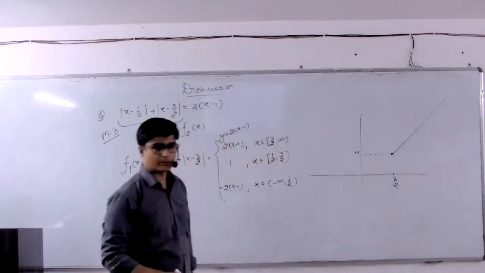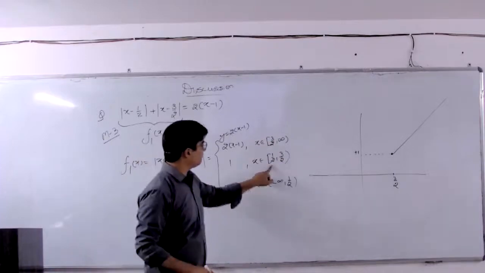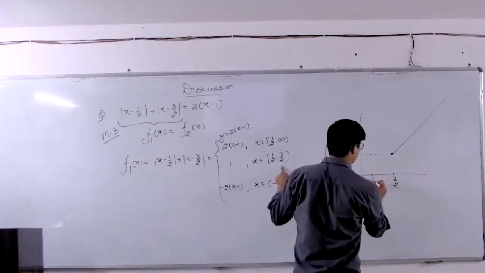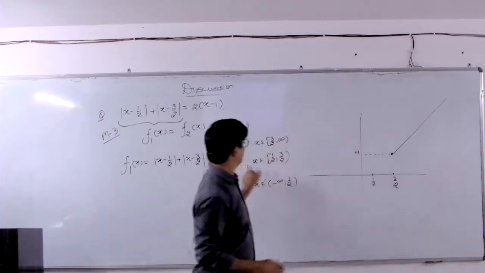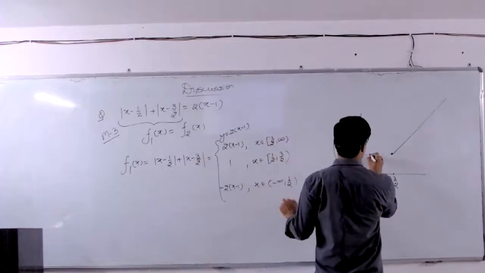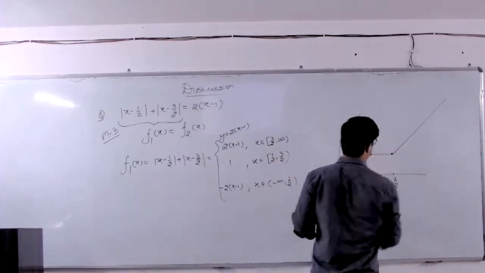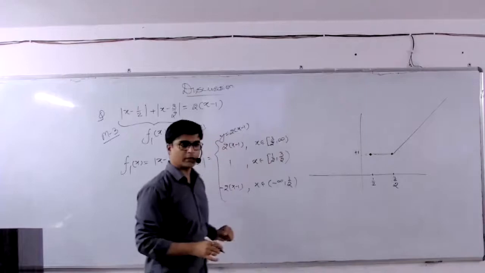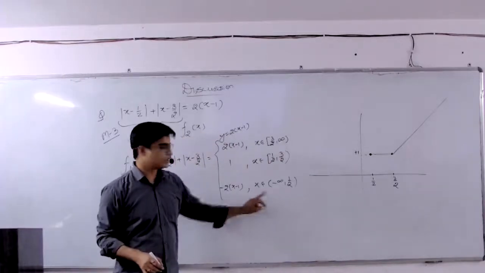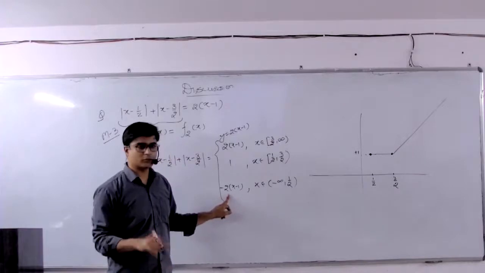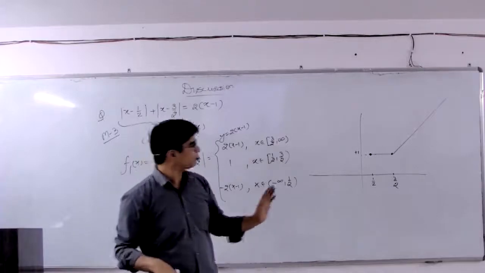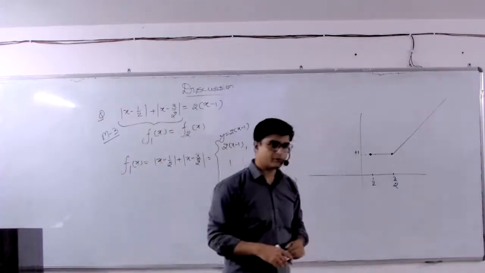Okay. Now, 1 by 2 to 3 by 2. Let's say 1 by 2 is somewhere here. From 1 by 2 to 3 by 2, the value is 1 only. And when x is an element of minus infinity to 1 by 2, then it is y equals minus 2 times x minus 1. It is a straight line with negative slope. It will go something like this. Yes or no?